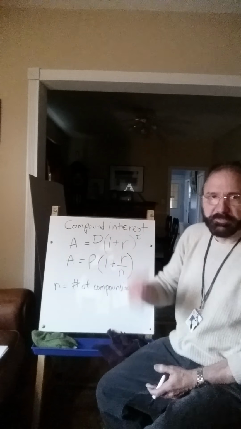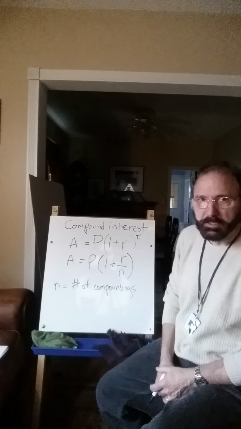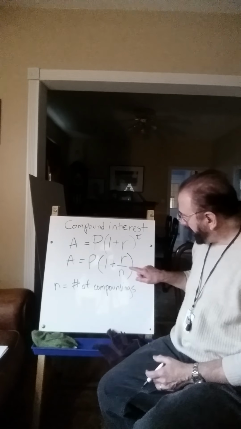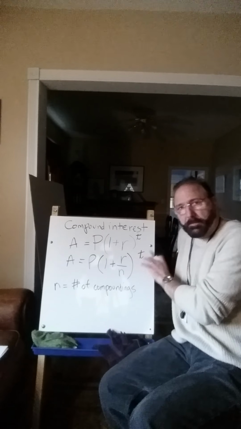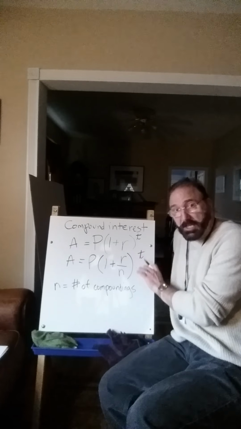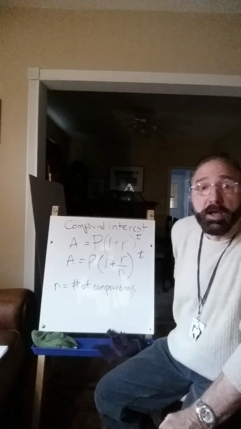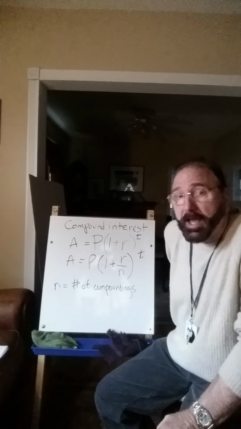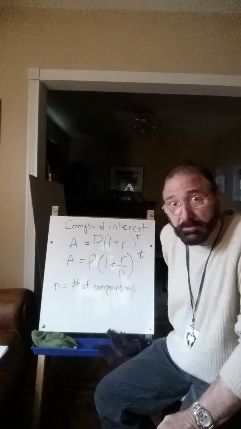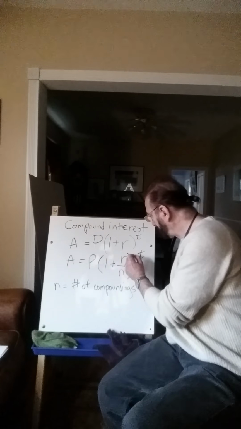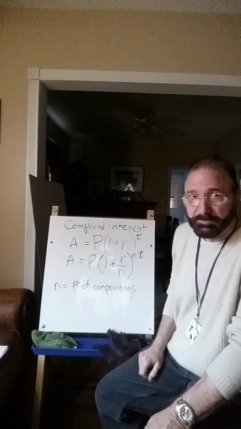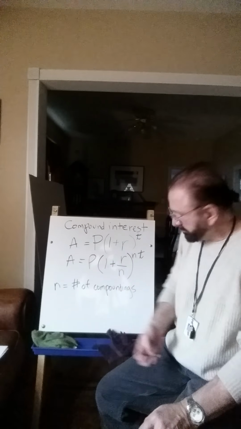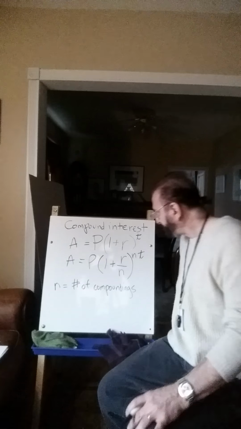Okay? It's the number of times the computer's looking at your money. Now, over here, I still have the number of years, but I got to multiply that by the number of compoundings. So it's NT.